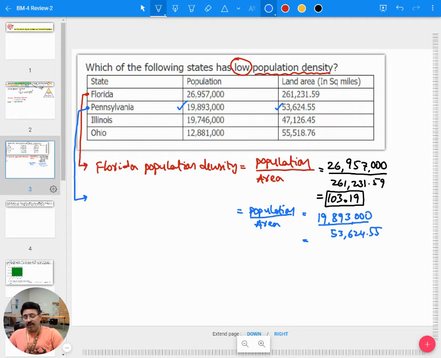So 19,893,000 divided by 53,624.55 is 370.96.